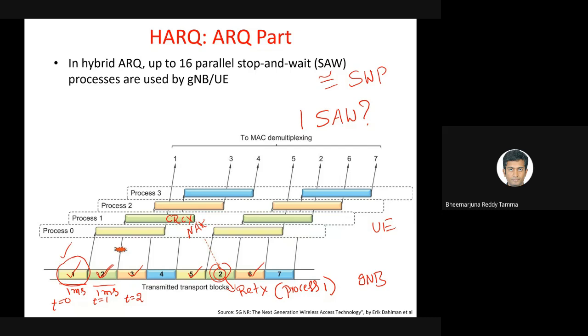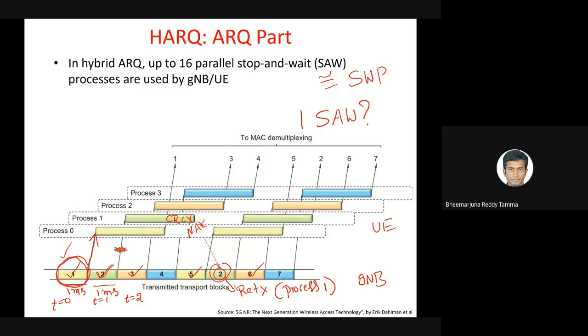If you look at the picture, after sending packet one, there is a certain propagation delay. It could be a few microseconds or tens of microseconds depending on the distance. Then the receiver has to decode the packet and check the CRC.